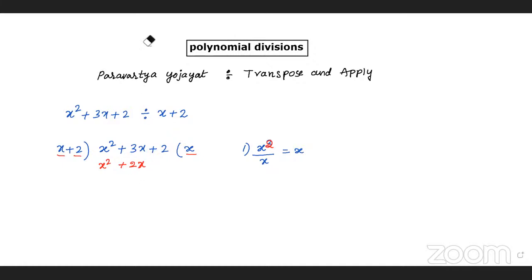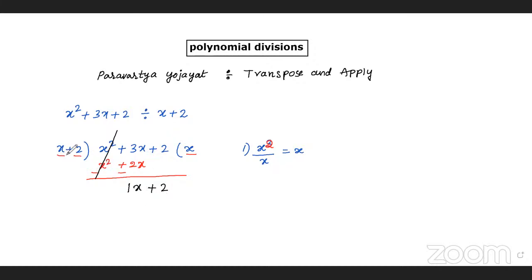After that, we are changing the sign. The positive x square term becomes negative, and the 2x term also becomes negative now. After that we cancel out these two terms, and then we get 1x plus 2. I'm not going to solve the total problem.